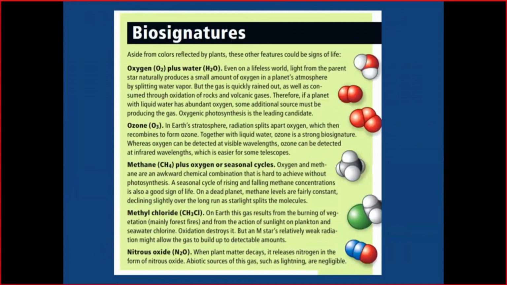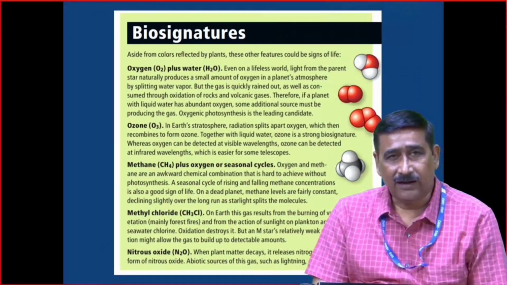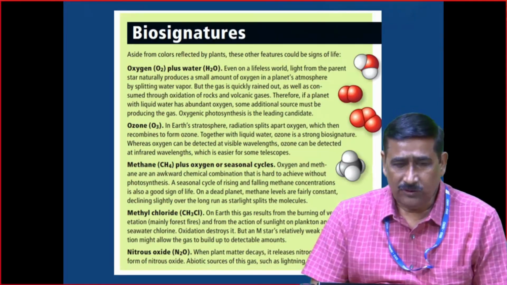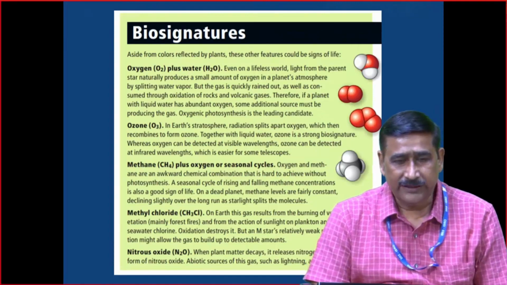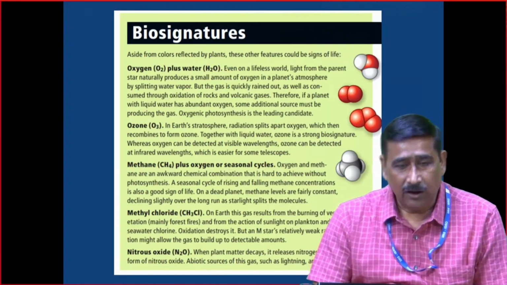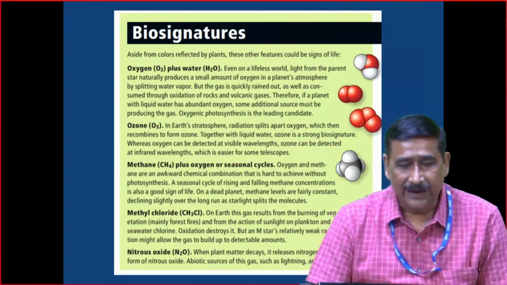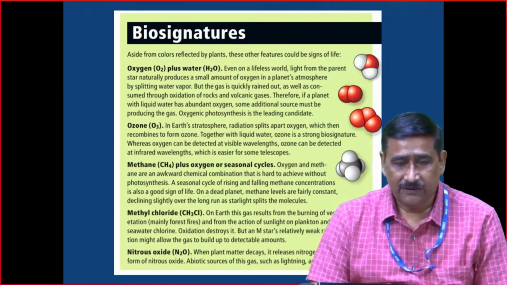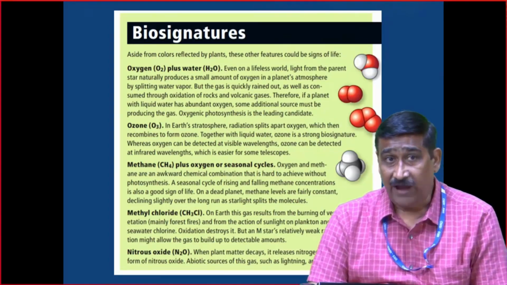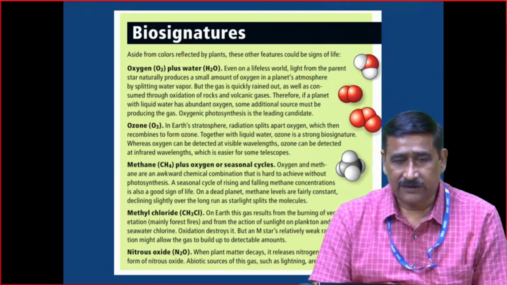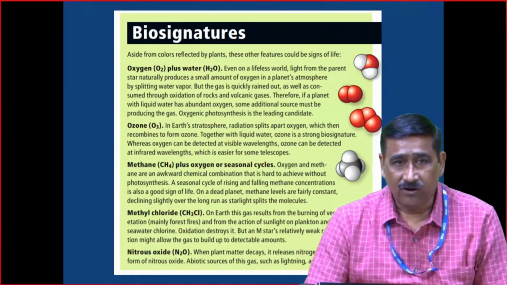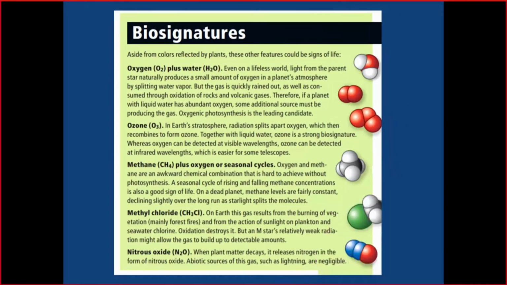How do I know that an exoplanet I am detecting could have life? What are the biosignatures? Literature says that if you are able to detect oxygen, water, ozone, methane, a seasonal cycle, methyl chloride, or nitrous oxide, then there is a chance of biogenic factors, because many times these gas compositions are due to some life form, in bacterial form or some other form.